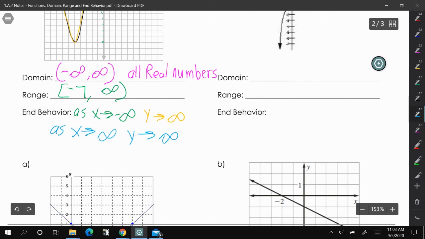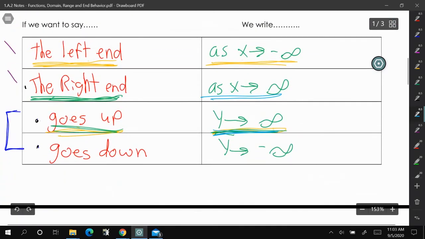So it might help at first to think about it as this kind of translation right here. If we want to talk about the left end, we write this phrase. If we want to say goes up, we would write this. If we want to say goes down, we would write that. So let me erase these underlines so that the next one we do does not get mixed up.